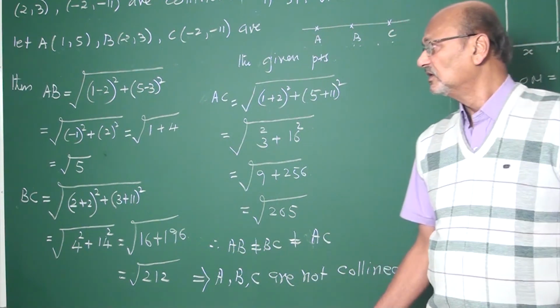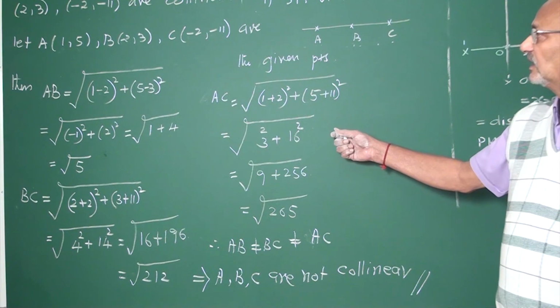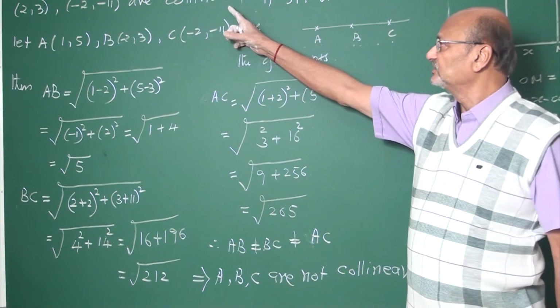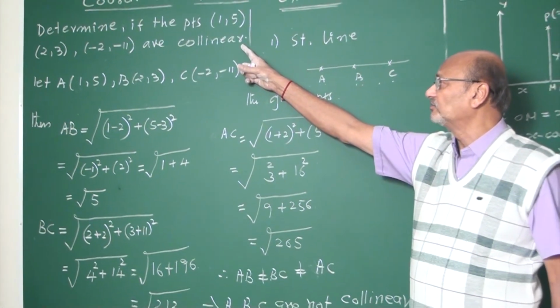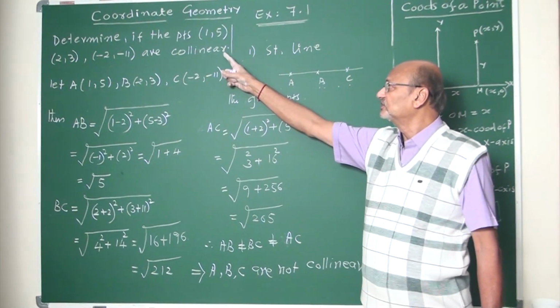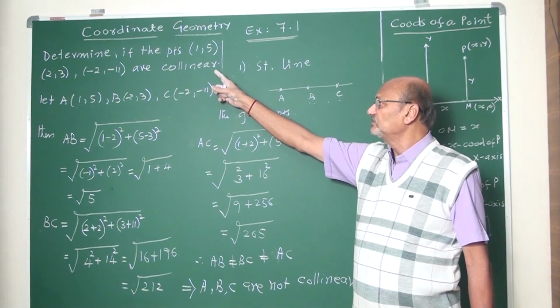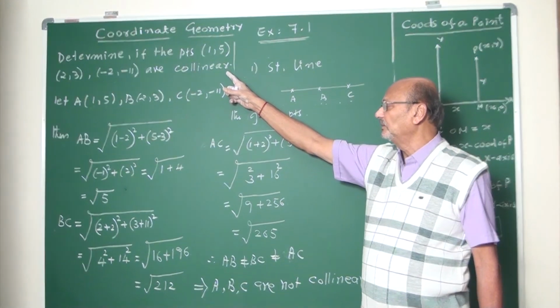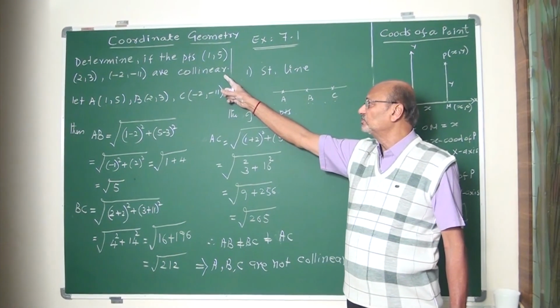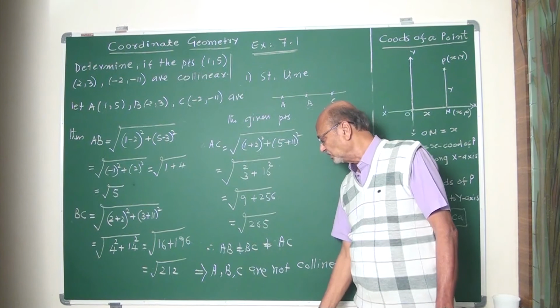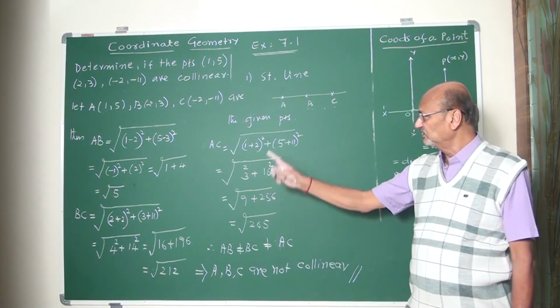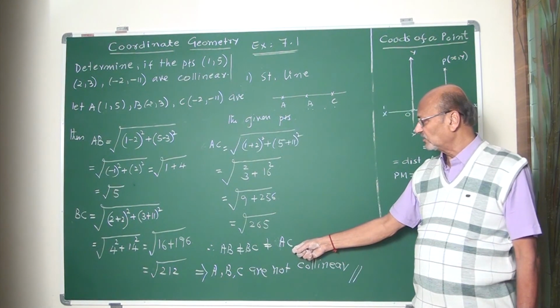This example is testing the collinearity of the given points, lying on the same line. What is the condition? You have to find the distances AB, BC, CA, then check whether the sum of any two equals the remaining one. But in this example, they are not equal.